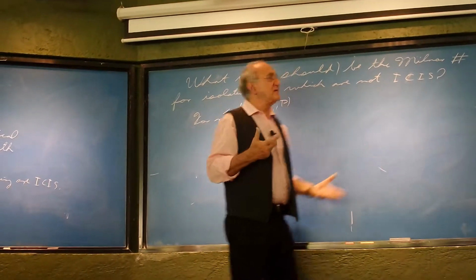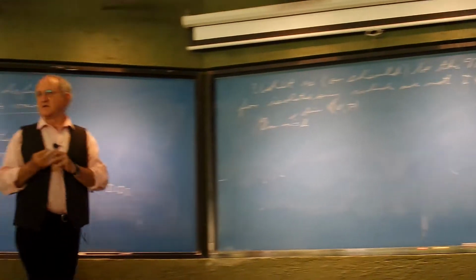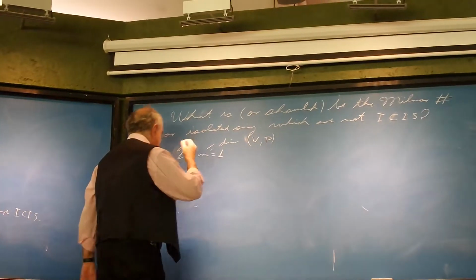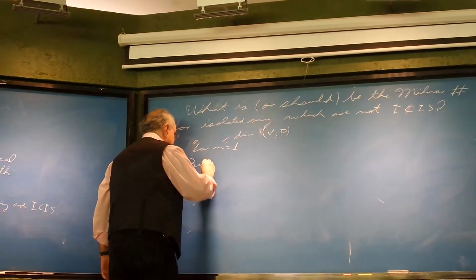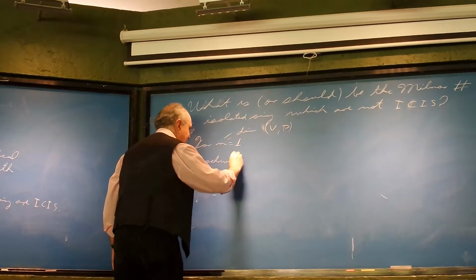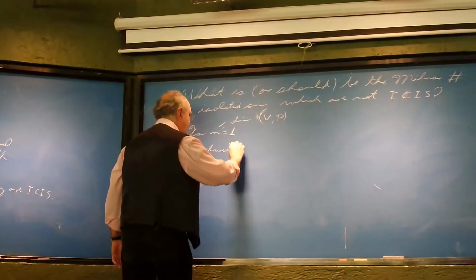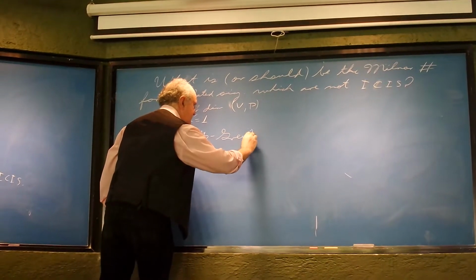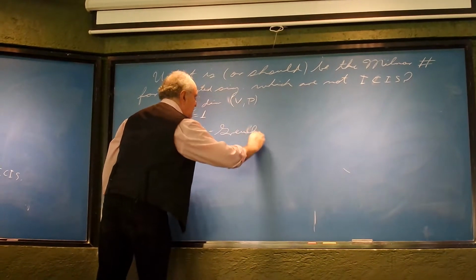Now, when it's not a complete intersection, what should be the Milnor number? So, for example, this was studied some time ago by, very likely I'm going to make a mistake, Buchweitz and Greuel.